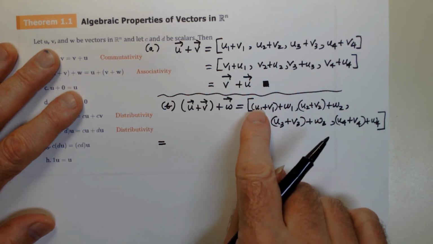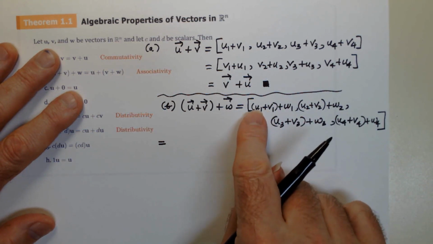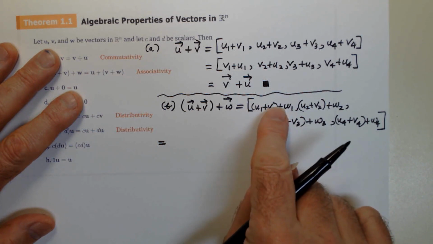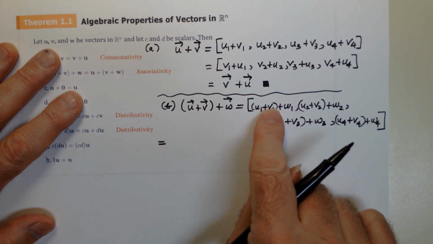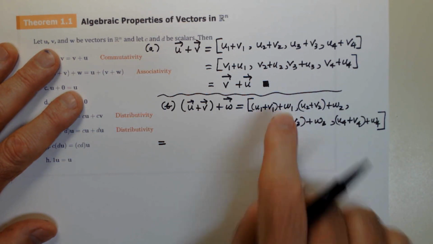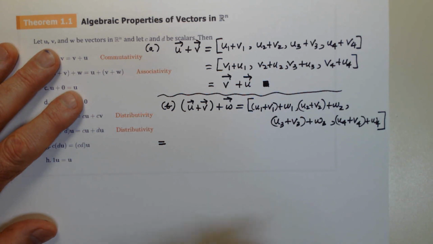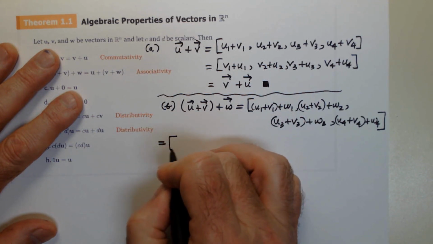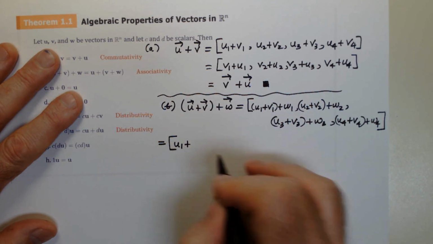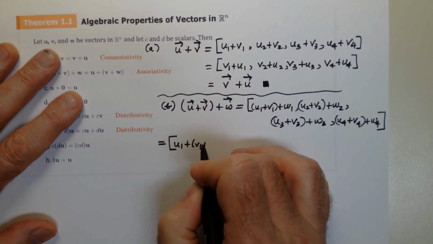Well, by the associative law of arithmetic for real numbers, I can take these parentheses off u1 plus v1 and wrap them around v1 plus w1. So just in this first component, using the associative law for arithmetic, I can rewrite this as u1 plus (v1 plus w1).